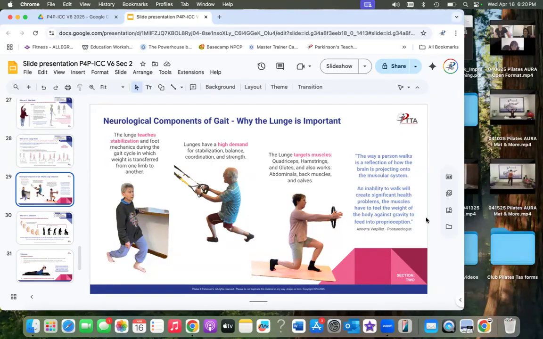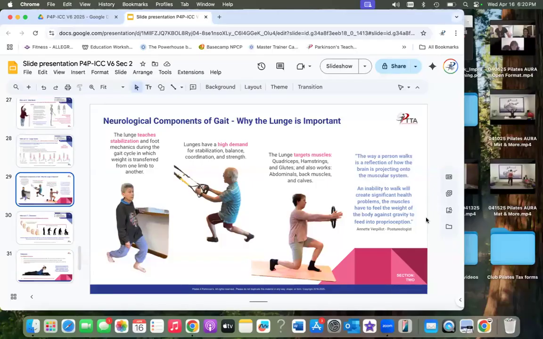And we want to keep our clients walking and moving for as long as possible, because once they're not able to walk, it's going to start a spiral of other health issues, and that's going to facilitate a faster decline. One last thing that's really important about the lunge and walking is that your body has to feel the weight of the body against gravity.